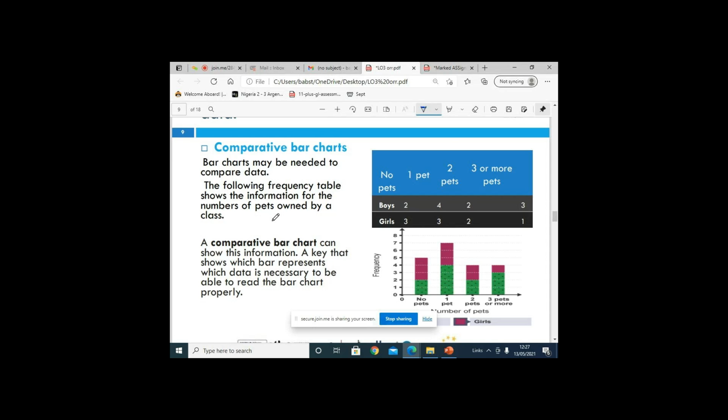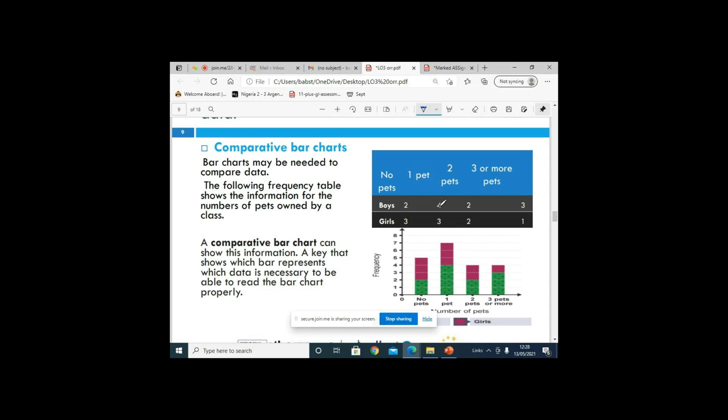Looking at this now, this is data from a class, the number of pets they own. For people that have no pets, 2 boys do not have pets, and 3 girls do not have pets.